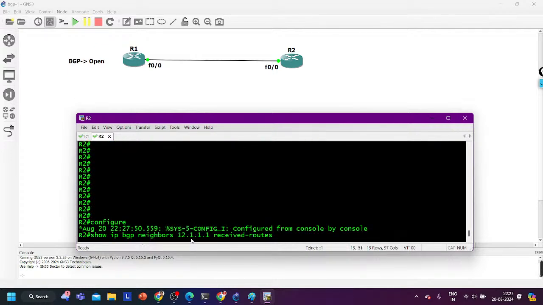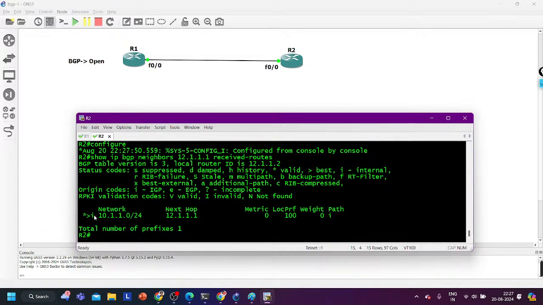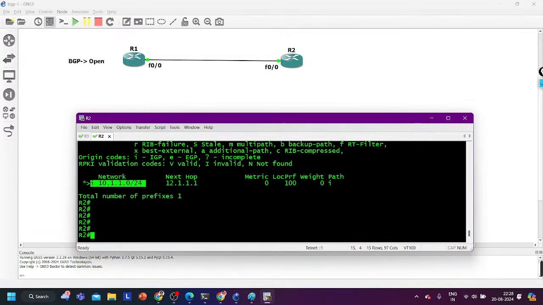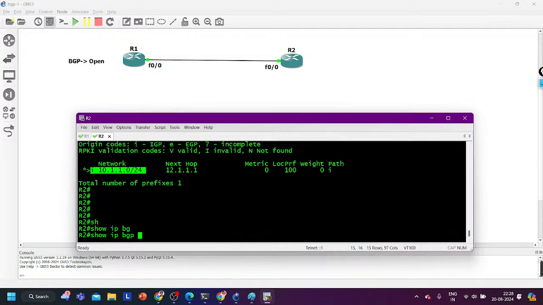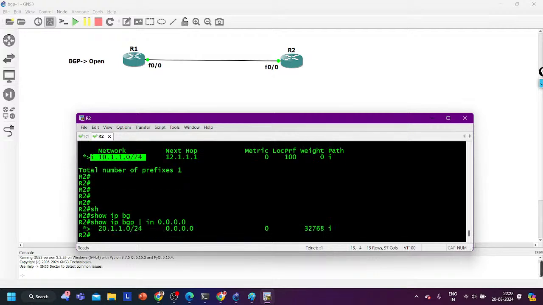Show ip bgp neighbor 12.1.1.1 received-routes. So it's showing this one only, right? Even if you want to check self-advertised prefixes on router number 2 only, show ip bgp and include 0.0.0.0, it will show you only self-advertised prefixes.